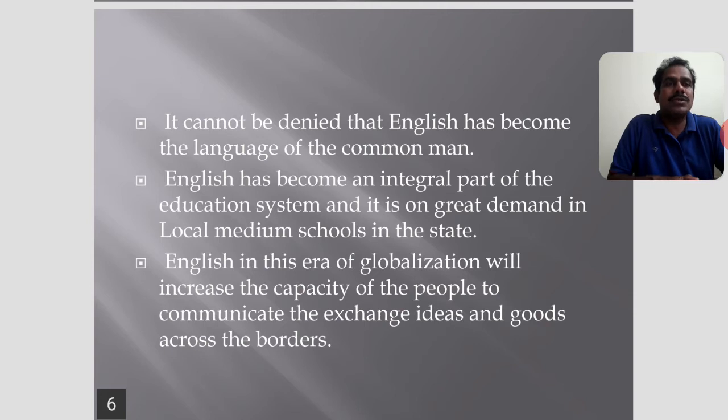So exposure is important for learning and enhancing communication skills. Proper exposure is very important to learn communication skills. English has become an integral part of the education system nowadays. Here you see in the slide, English has become an integral part.